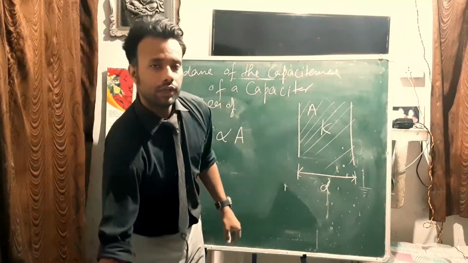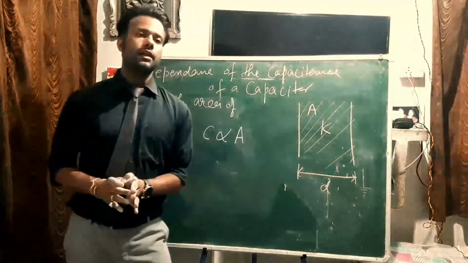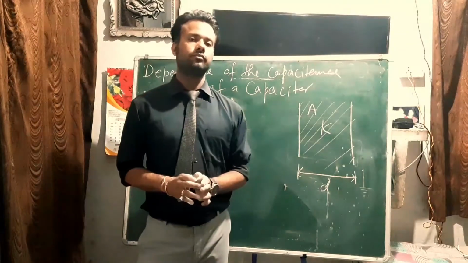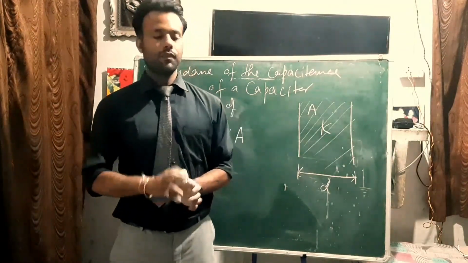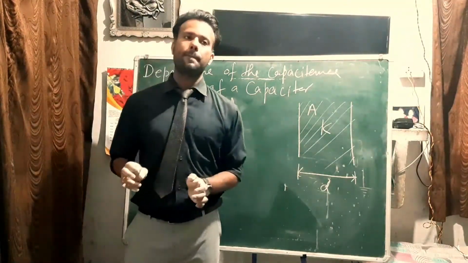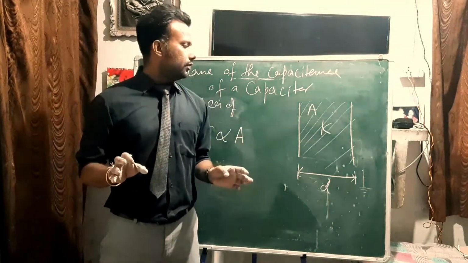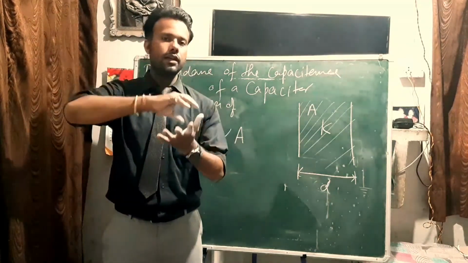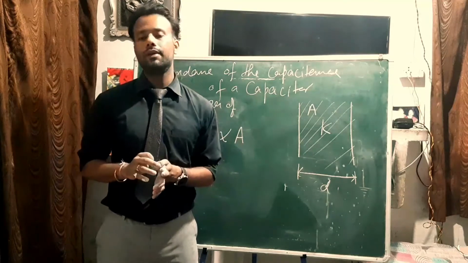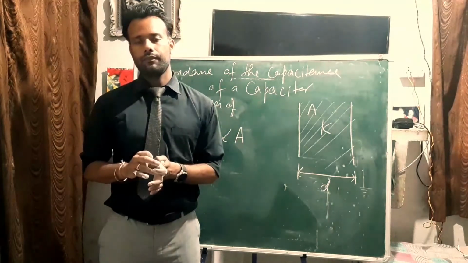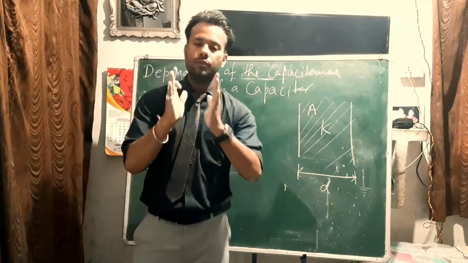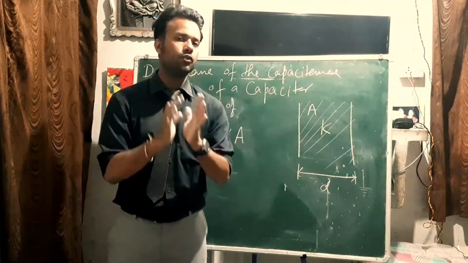That means if you increase the area of the plate, the capacitance of the capacitor will increase. And there is one more important thing. Here the area is basically the overlapping area of the plates. It depends on how much area is overlapped between the two plates.